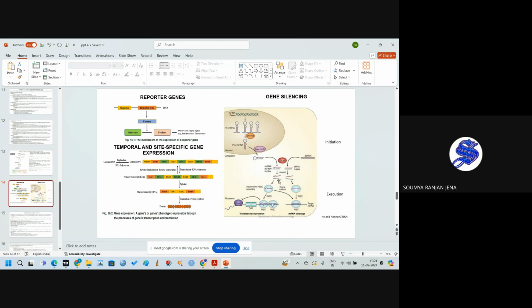This microRNA is then unwound by the Dicer protein, and this unwinding of the microRNA forms an asymmetric RISC complex. This is the RISC complex, the RNA induced silencing complex, with this microRNA, which is complementary to a particular gene.